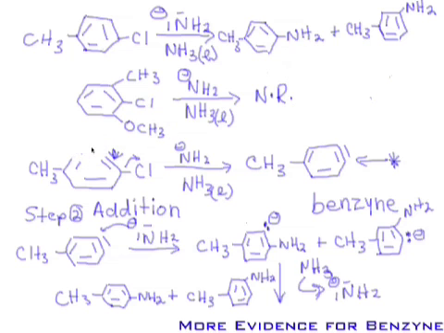Well, we can go a step further, and we can look at chlorobenzene and use isotopically labeled chlorobenzene, where this carbon position right here has been enriched in either carbon-13 or carbon-14. Carbon-13 has a nuclear spin and is capable of being observed by nuclear magnetic resonance spectroscopy.